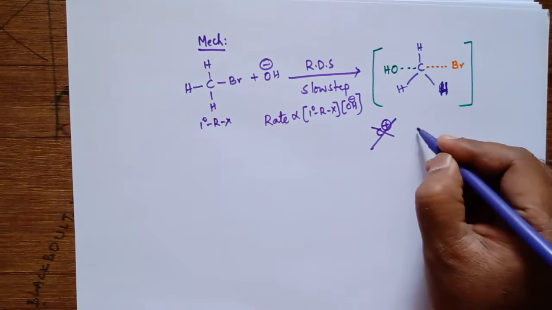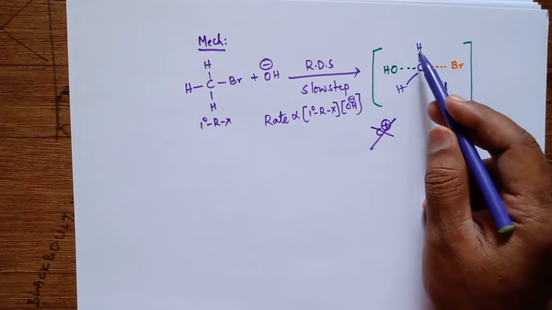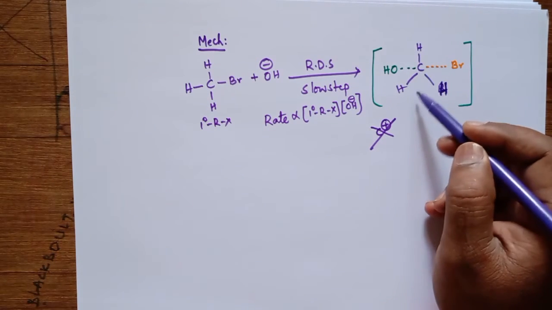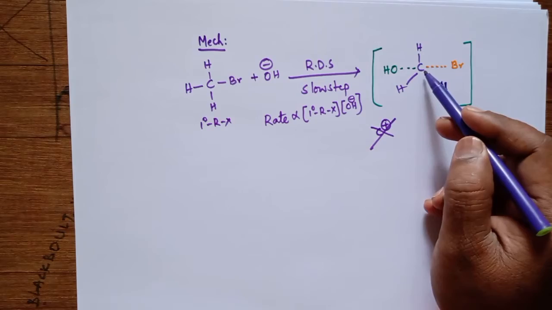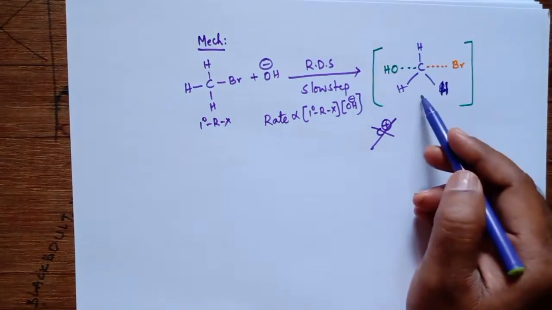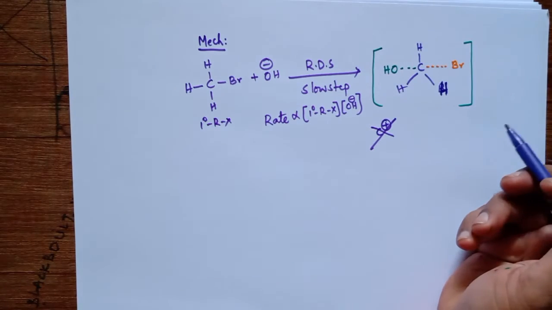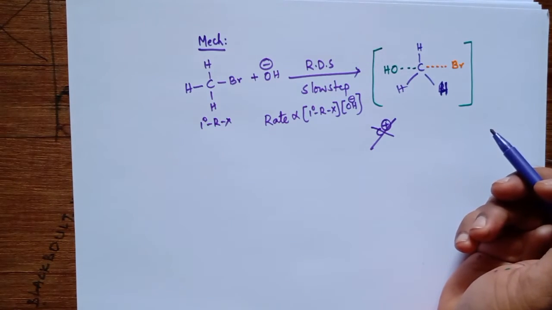So what is the valency of carbon? Due to the very small size of the hydrogens and also because the carbocation is not stable, carbocation formation does not take place in this case.